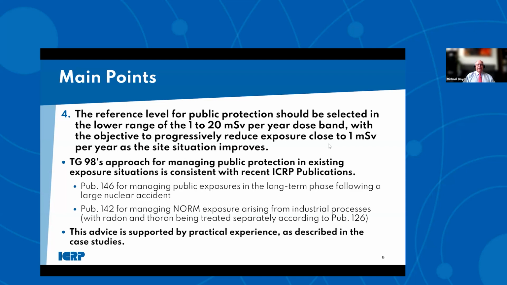And Task Group 98's approach for managing public protection in existing exposure situations is consistent with recent ICRP publications, notably publication 146 for managing exposures in the long-term phase following a large nuclear accident, and publication 142 for managing naturally occurring radioactive material exposures arising from industrial processes, with radon and thoron being treated separately according to publication 126, it should be noted. This advice is supported by practical experience as described in our case studies.